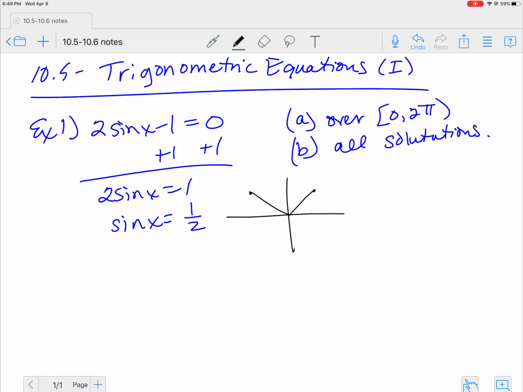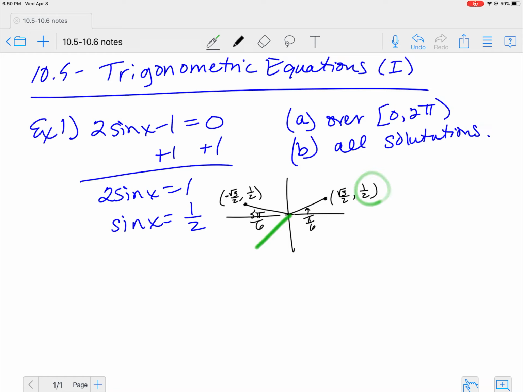We know that sine are the y values, right? So if I'm looking at my unit circle, my y values are positive going up. Because I'm going from 0 to 2 pi, that's the kicker, I know this is going to be in radians.